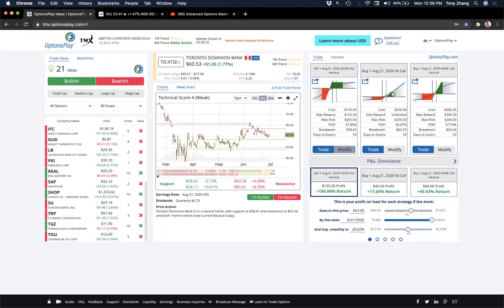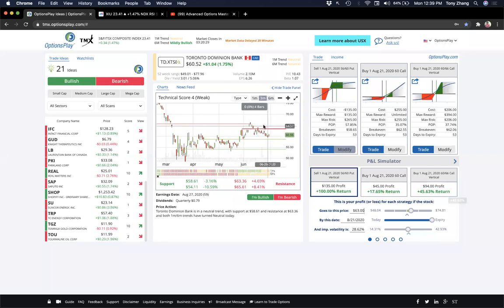If instead I buy a call option, I'm looking at a $45 profit on my $255 investment, which is only a 17% return. Not a fantastic return, but the call vertical here is a $94 profit on my $206 risk, which gives me a 45% return, significantly better.